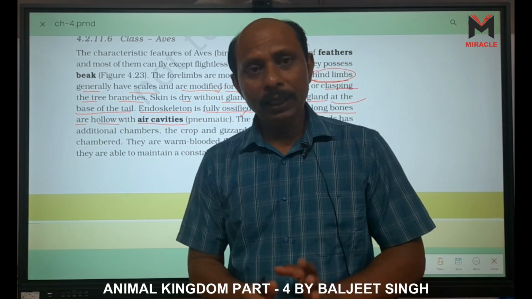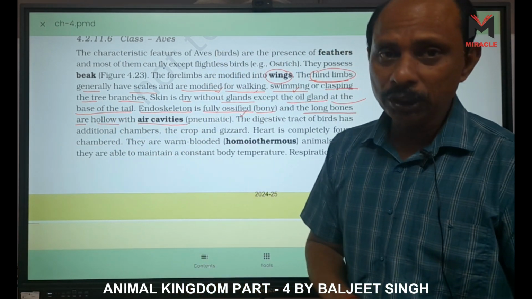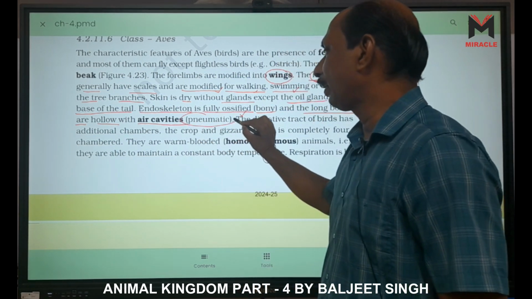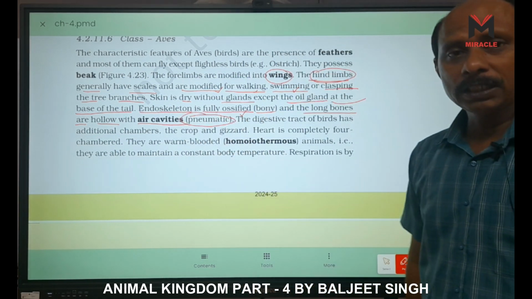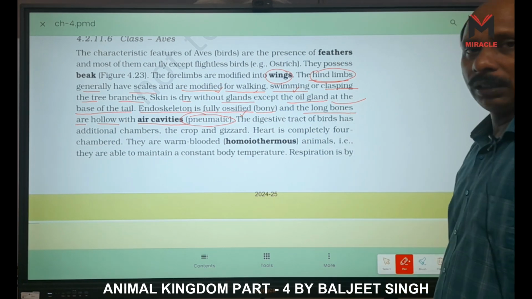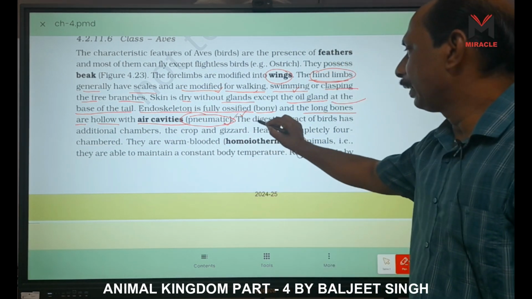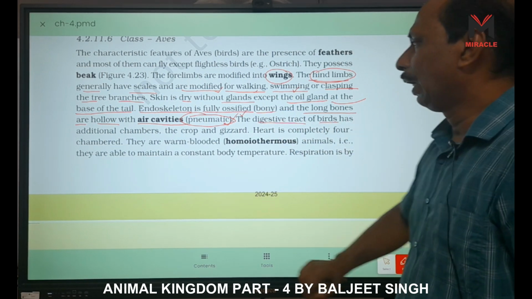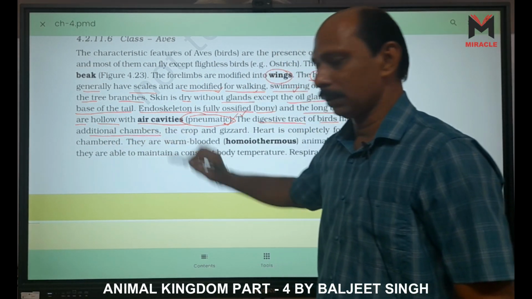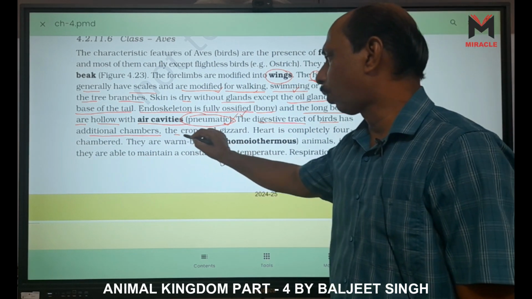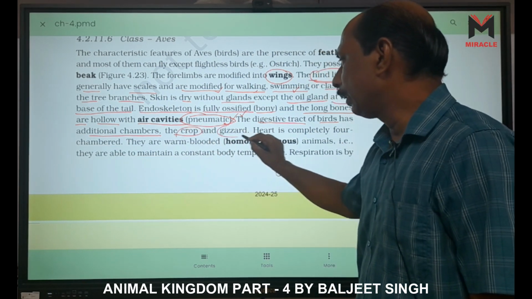If an air cavity is present, we can say these are spongy bones. This type of bone is called pneumatic bones. It is a specific characteristic of aves. The digestive tract of birds has additional chambers, the crop and the gizzard.